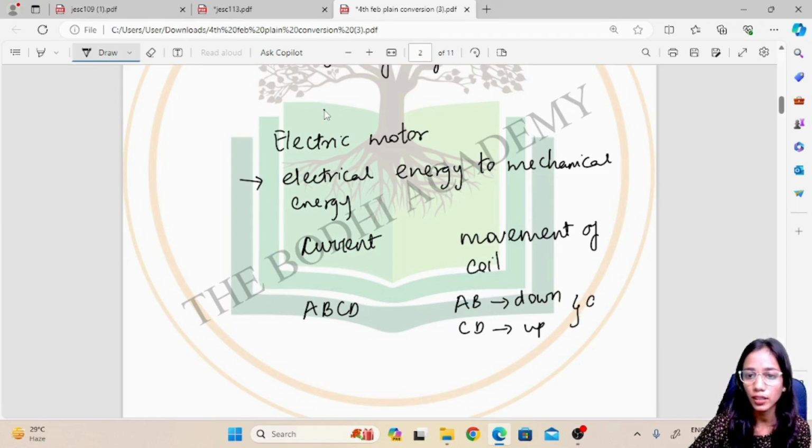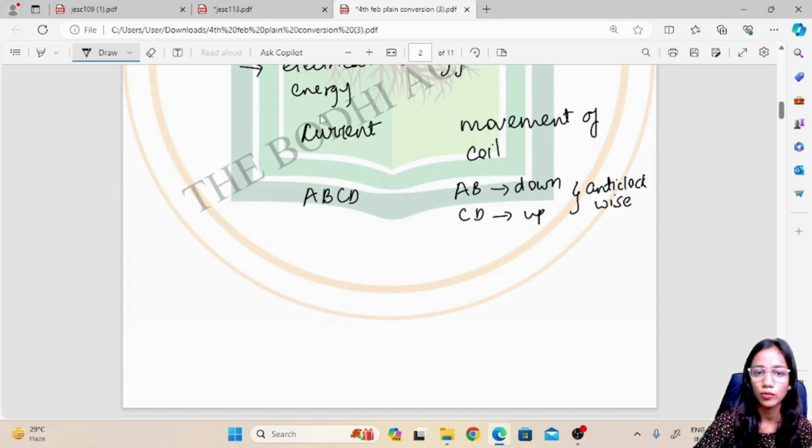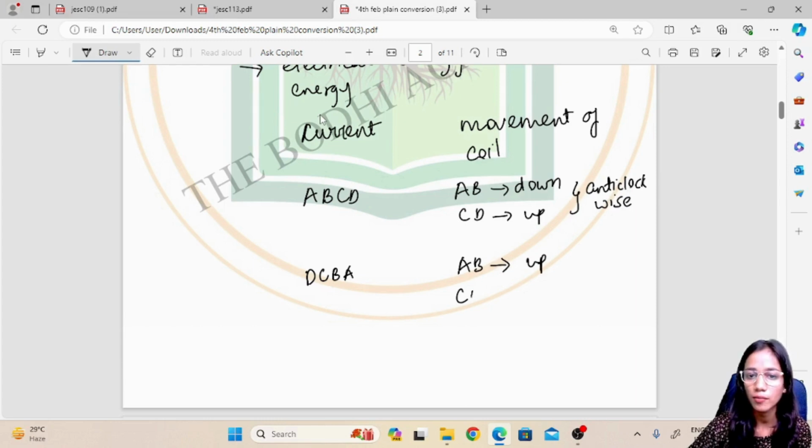This forms the anti-clockwise. Now when the current is moving D, C, B, A, arm AB goes up and arm CD comes down. This forms clockwise.